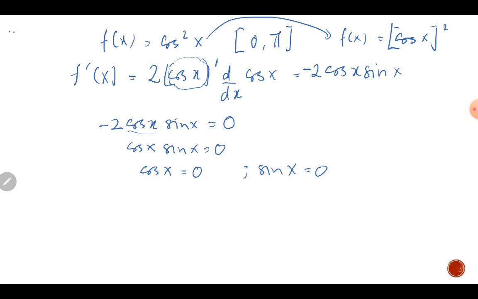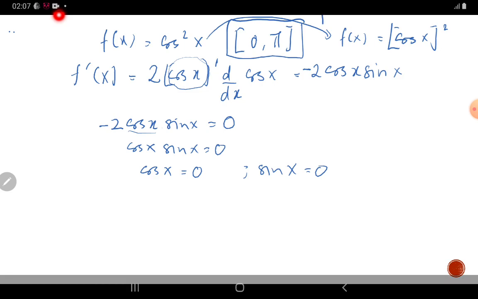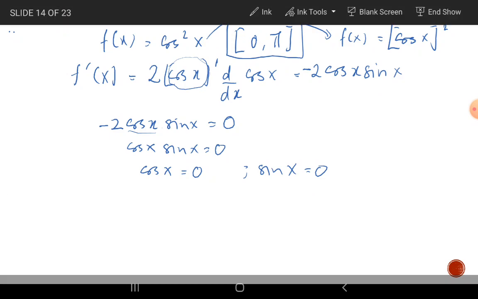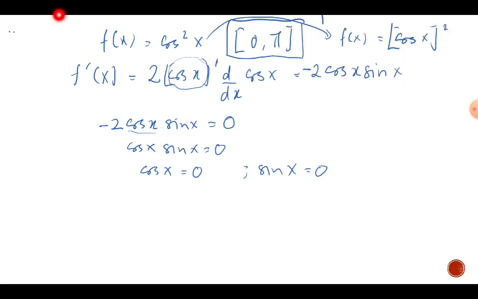Okay, so kita punya interval adalah antara kosong hingga ke pi sahaja. Okay, the interval that we want to determine here is only 0 to pi. Okay, cos x sama dengan kosong. Graf kita macam ni. Ni kosong, ini adalah pi.